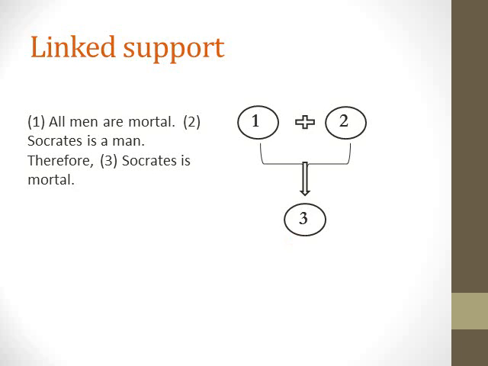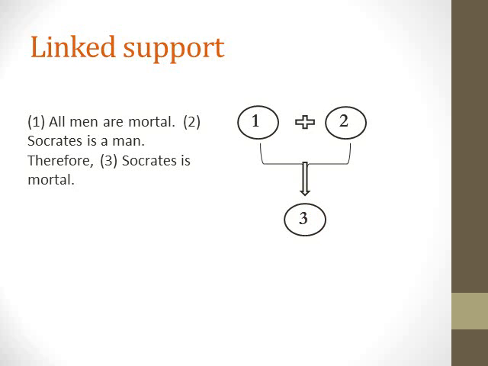Right? So just because all men are mortal, if we were to eliminate 2 and just say all men are mortal, therefore Socrates is mortal, that does not necessarily follow, because without 2, it's possible that Socrates is not a man, but a god, right? And if Socrates was a god, then it doesn't follow. It wouldn't be true that he is mortal, right?